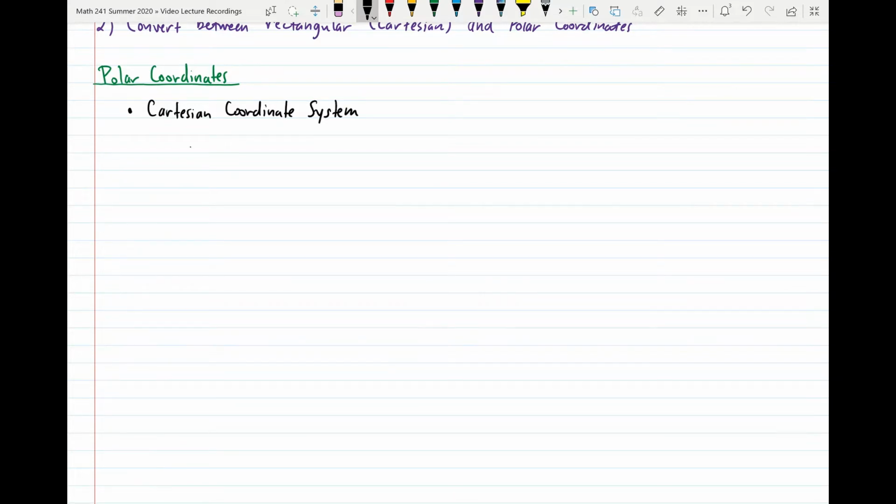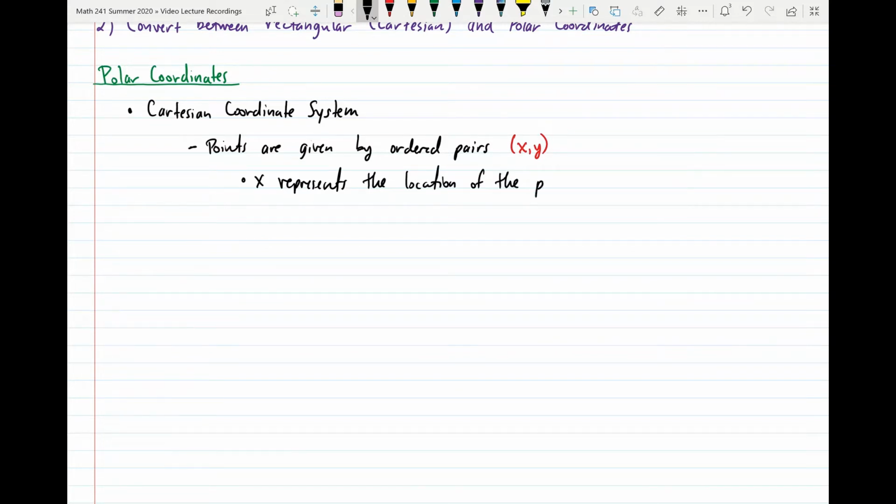With the Cartesian coordinate system, points are given by ordered pairs, which we typically denote as (x, y), where x represents the location of the point along the x-axis, and likewise y represents the location of the point along the y-axis.